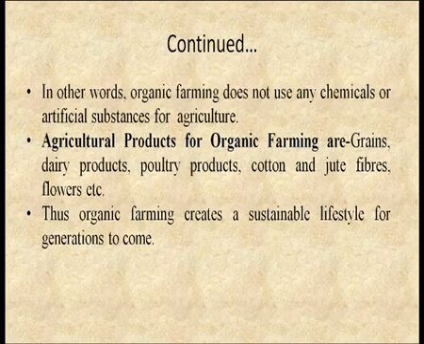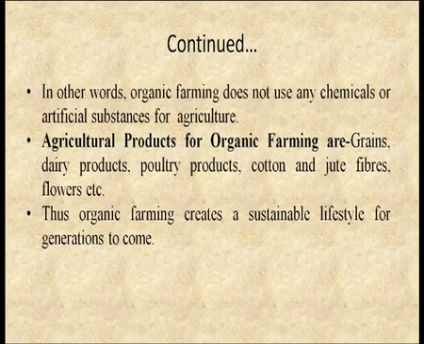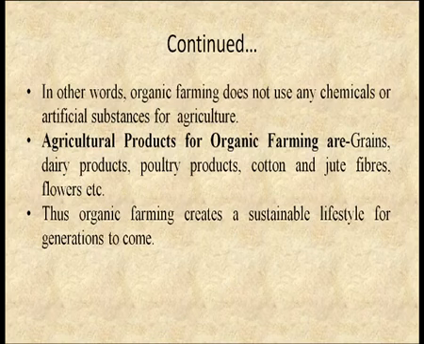In other words, organic farming does not use any chemicals or artificial substances for agriculture. Agricultural products from organic farming are grain, dairy products, poultry products, cotton and jute fibers, flowers, etc. Thus, organic farming creates a sustainable lifestyle for generations to come.